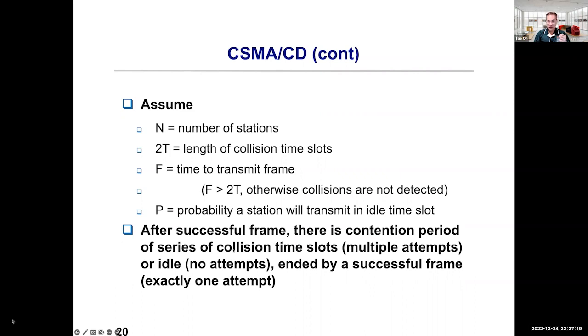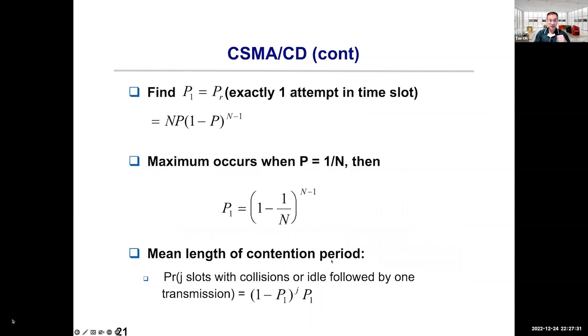So after a successful frame, there's a contention period, a series of collision time slots. It will be the end of a successful time frame, exactly 1 attempt. Okay. So we need to figure out the length of the contention period, and the equation is something like this.